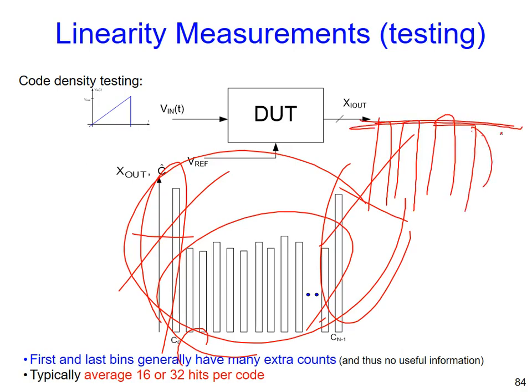So the ideal value is the average value. If you are larger than that, then your DNL is positive. If you are smaller than that, your DNL is negative. Congratulations, that's it.